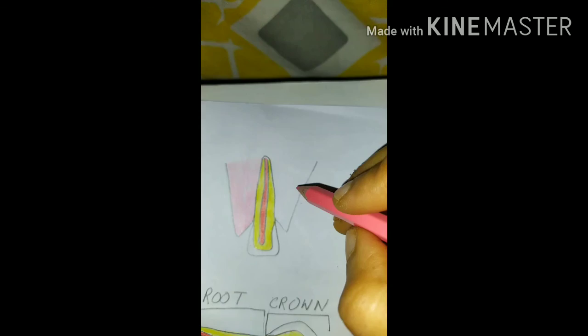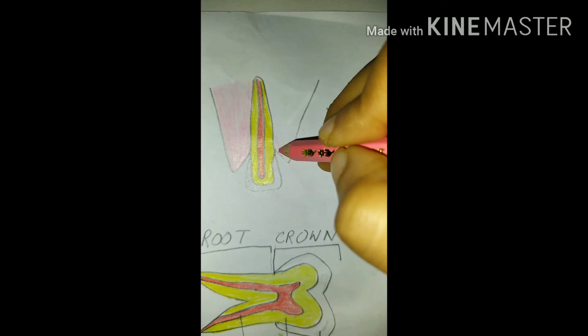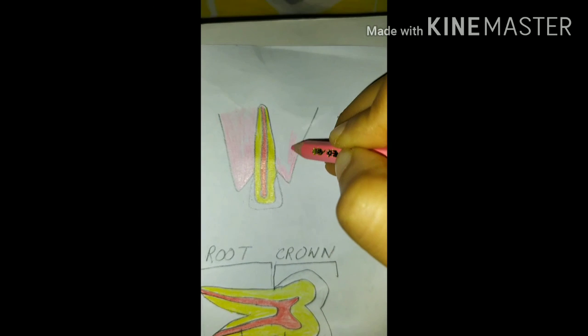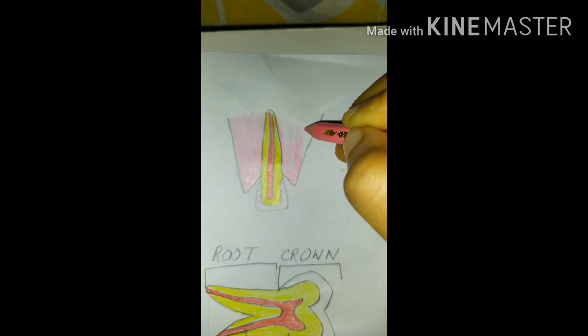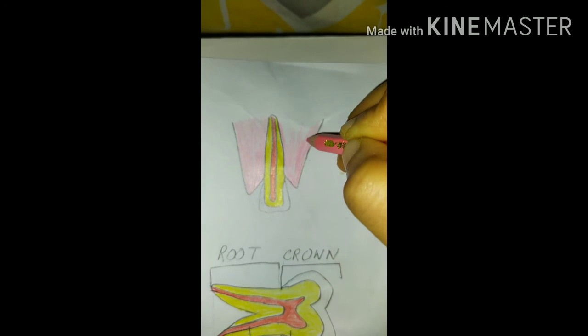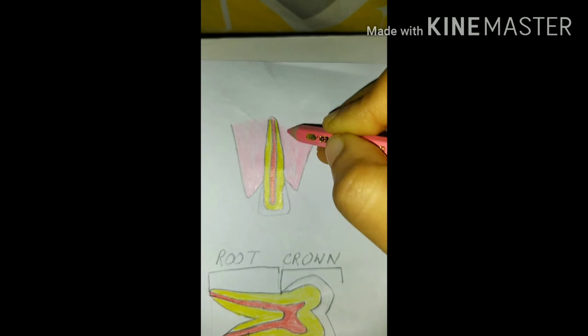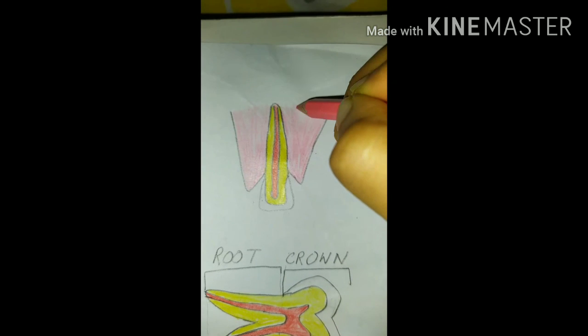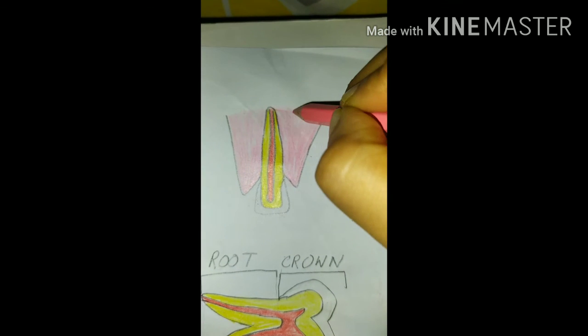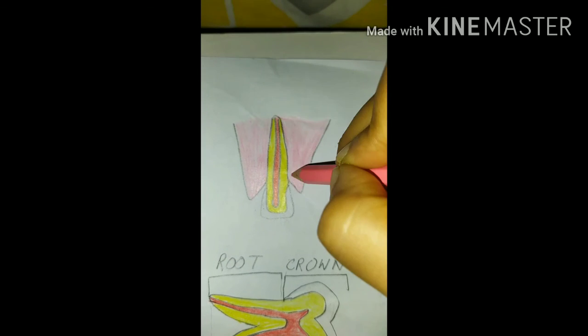If you smile in front of the mirror right now, you will see the tooth and the gums. But dentists do not call it gums. Now, if you hear dentists saying that your gingiva is receding, what does that mean?